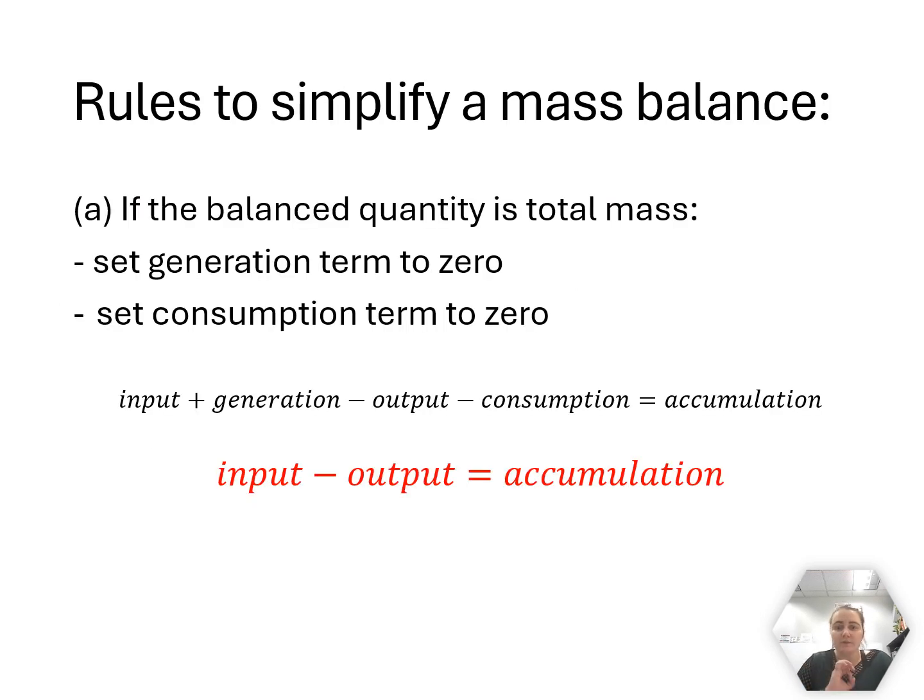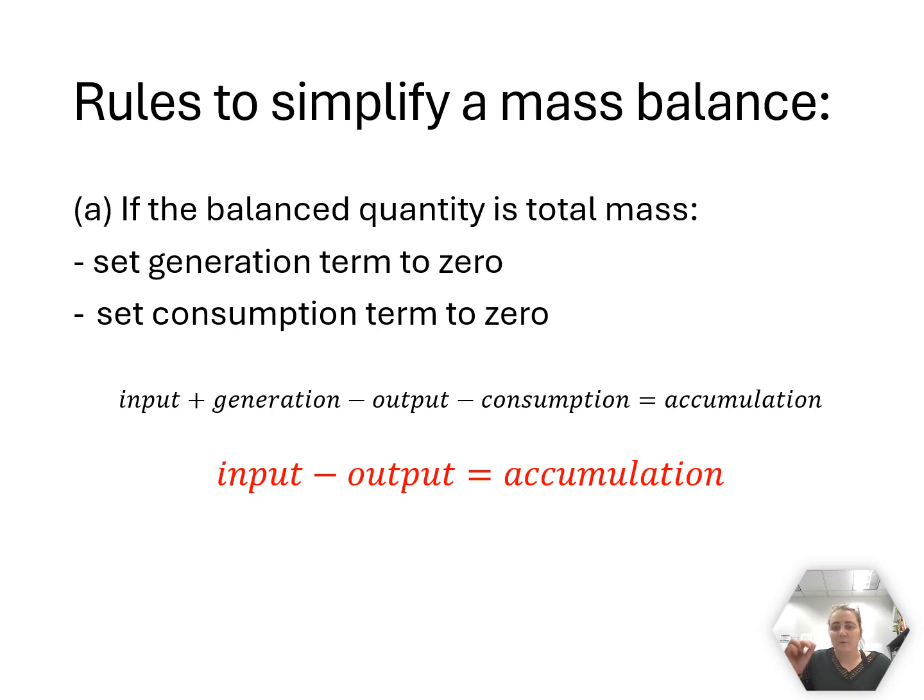Okay, so we're going to go through some rules to simplify the mass balance. If we are balancing total mass in the system, we know that total mass, not mass of a specific compound, total mass, we can't generate or consume mass because this breaks the law of mass conservation. If we are creating total mass in the system or destroying total mass in the system, we've broken physics and the universe.